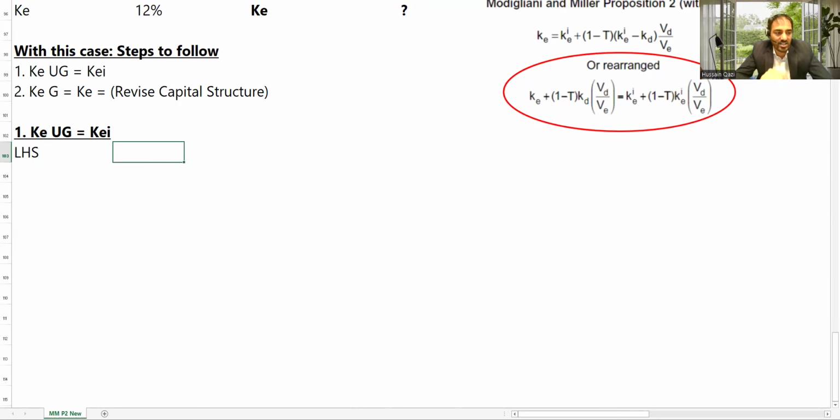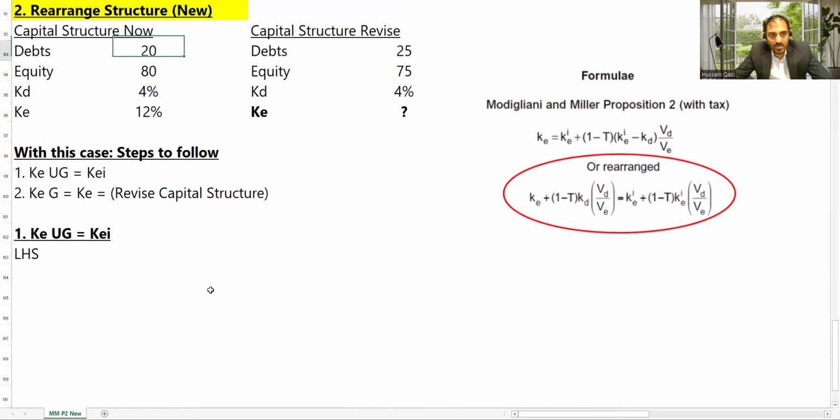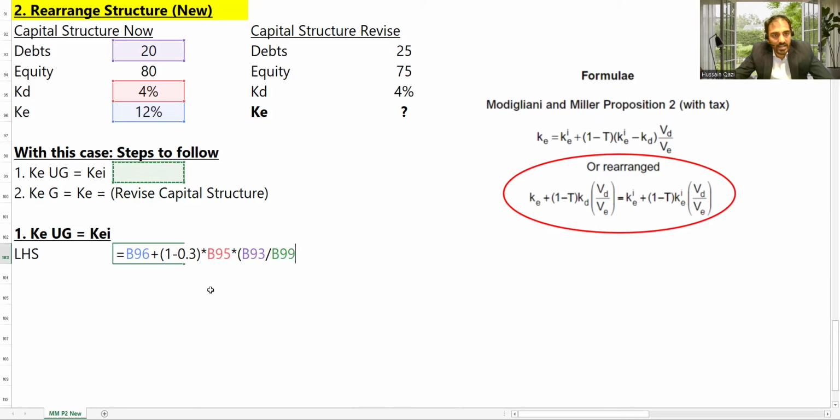The left hand side is equal to 12% plus (1 minus tax rate, that is 0.3) multiplied by 0.04, that is 4%, multiplied by 20 divided by 80. That is the left hand side.